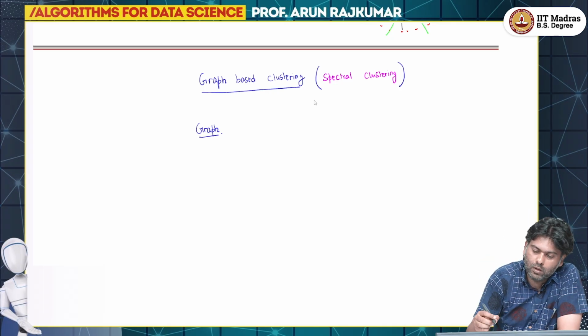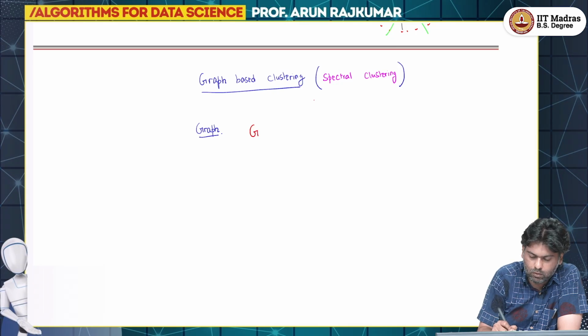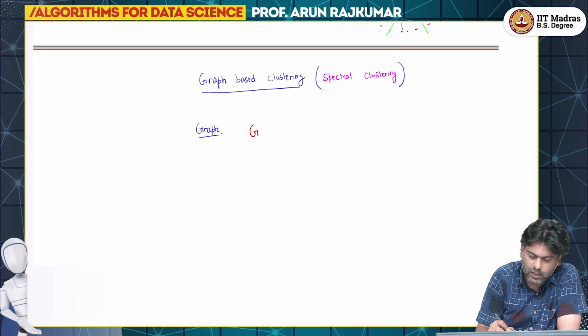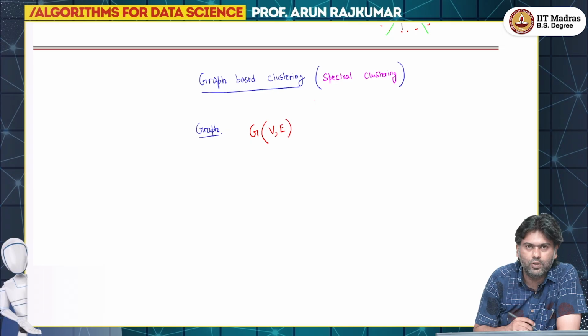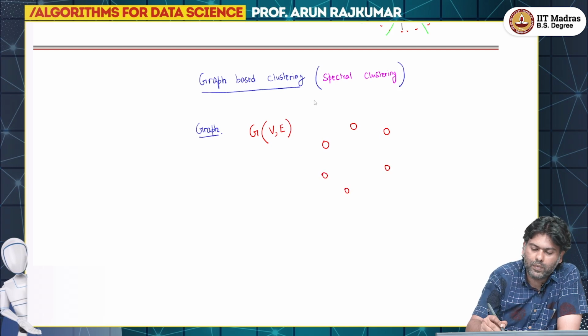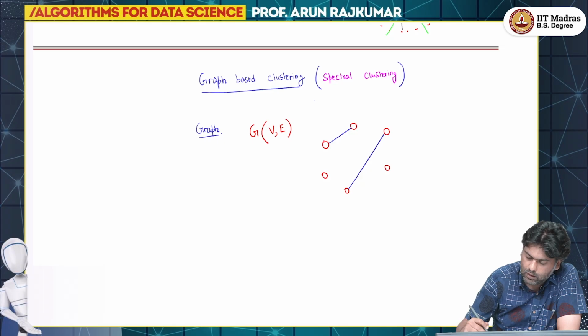So what does a graph consist of? A graph is typically denoted using the letter G, and it has a bunch of vertices and a bunch of edges. So for example, visually you can represent a graph using a bunch of vertices like this, and there are these edges that connect certain vertices.